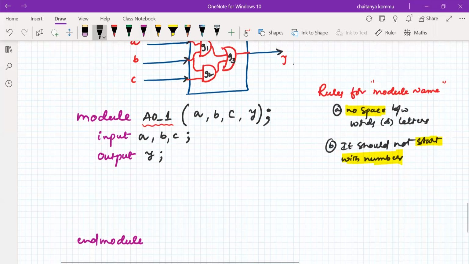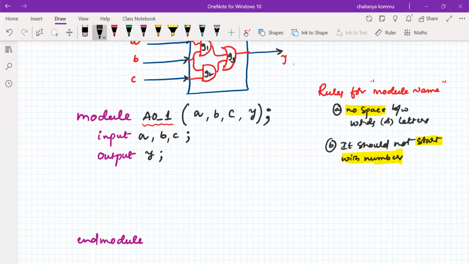So if you want to call this G1 in your program, we have to use the keyword called and, in small letters. If it is an OR, and so AND means and, NAND means nand, in small letters.